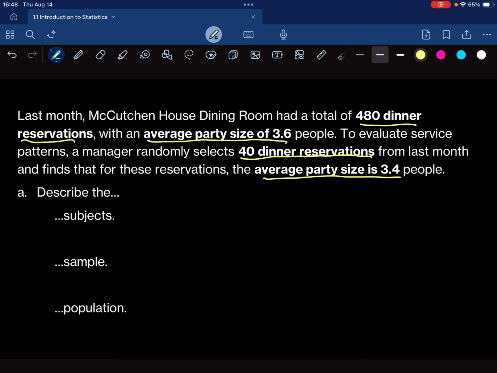So we have two bits of conflicting information. We have every dinner reservation in the last month and then a select few of those dinner reservations from that last month. Well, again, if I want to talk about subjects, I'm going to talk about the individuals. Now, notice in this case, we're not talking necessarily about looking at individual people. We're actually looking at each individual dinner reservation from last month.